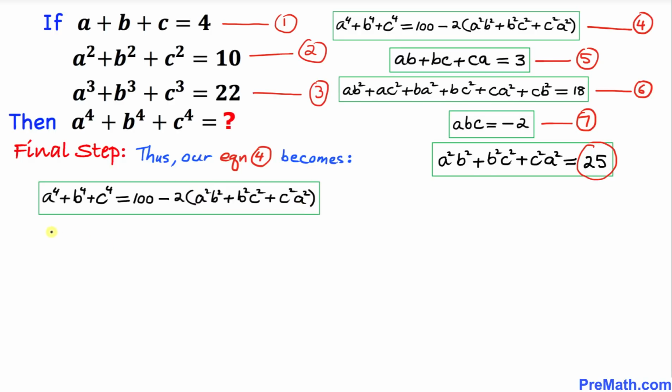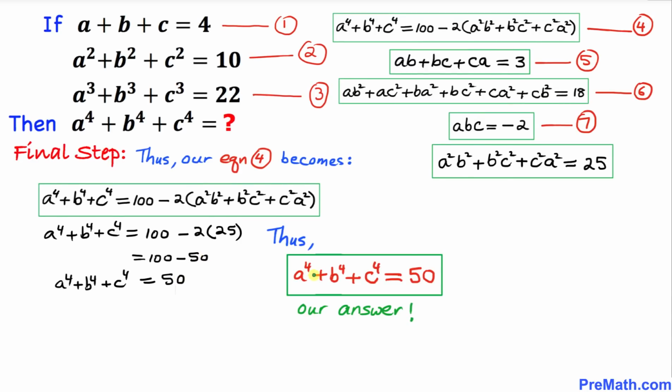So we are going to have A power 4 plus B power 4 plus C power 4 equals 100 minus 2 times 25. All right. And that's going to give us 100 minus 50, that is equal to 50. Thus our answer turns out to be A power 4 plus B power 4 plus C power 4 is 50.